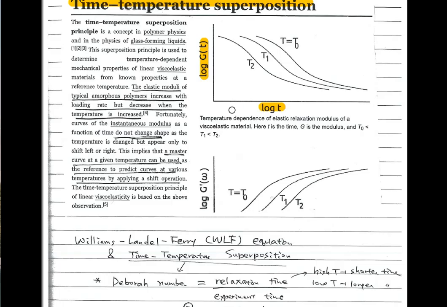If the time scale is short, like here, if you do the experiment at a faster rate, then you remember the silly putty behavior? The resulting polymer behaves like a solid, like a brittle material, which means that the Young's modulus increases, something like this. So at a specific temperature, for example at T1, the Young's modulus behaves something like this as a function of time scale t.